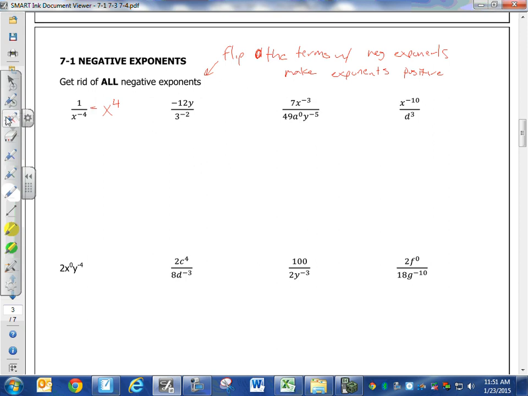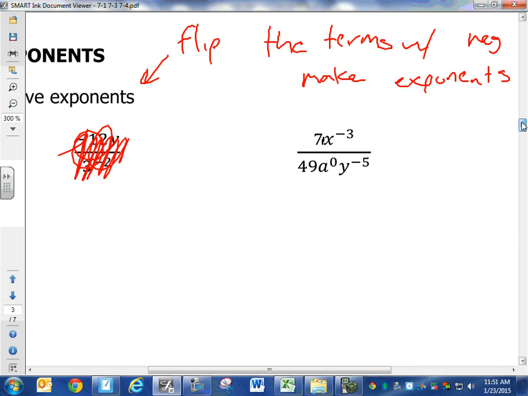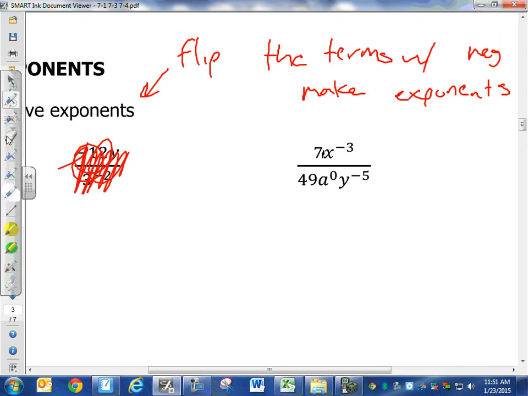Flip the terms with negative exponents, make the exponents positive. Skip this one. I just told you why. Now, here's very important steps here. This is a 7 times x to the negative third. The x to the negative third and the 7 are not tied together. Even though they're next to each other, this negative 3 is not with the 7.